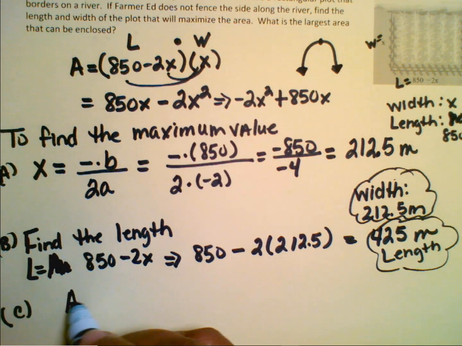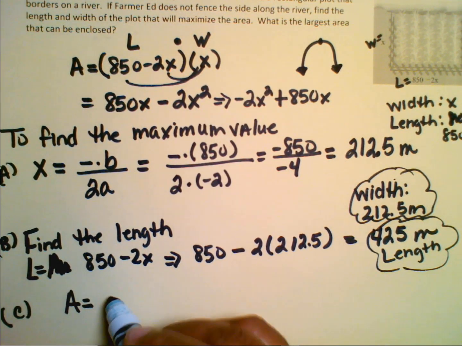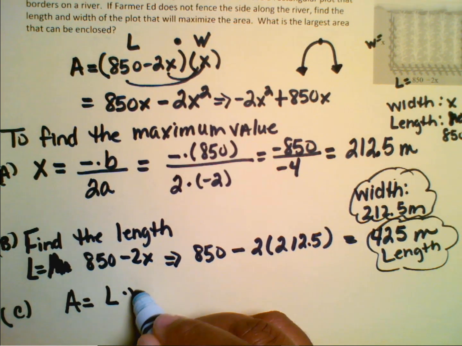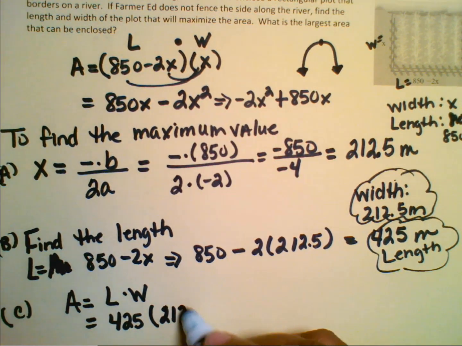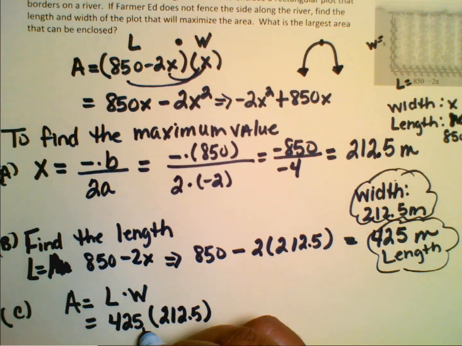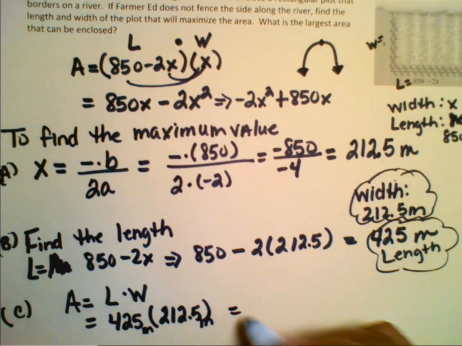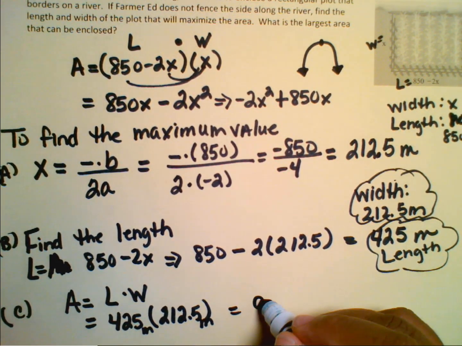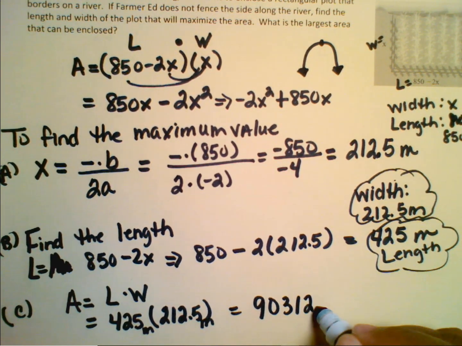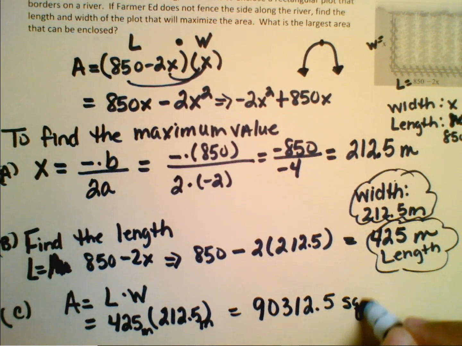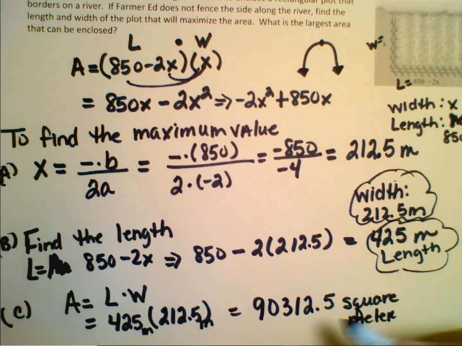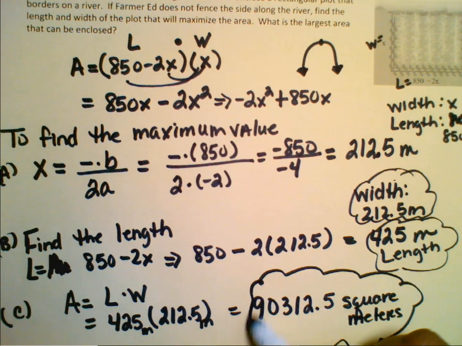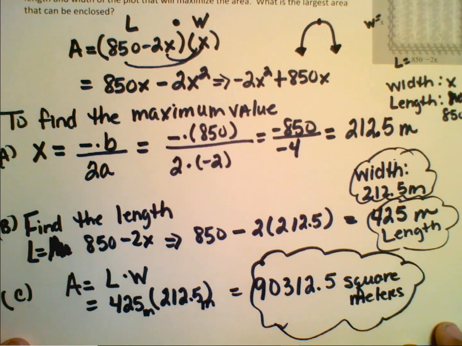Now that we have the length and width, multiply 425 meters by 212.5 meters, and we have 90,312.5 square meters, because area is measured in square units. So this would be the answer to our last question.